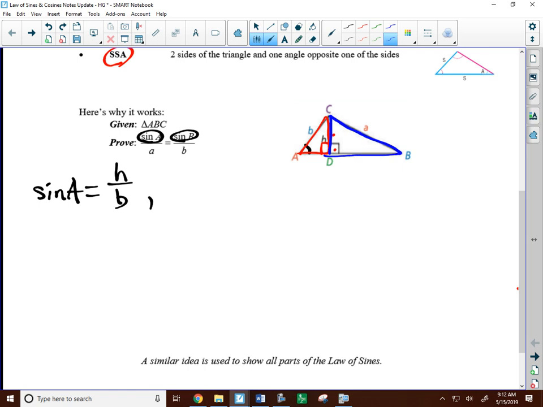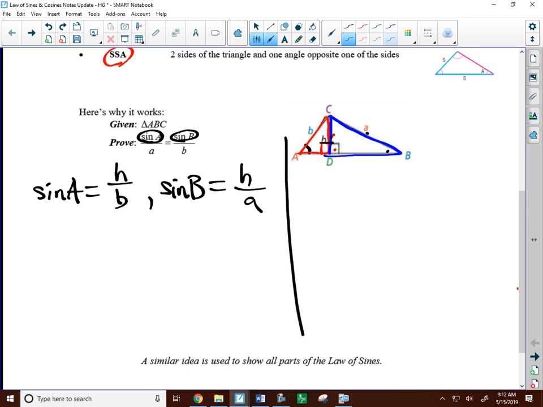Now, I need sine of B. Sine of B is in the right triangle, the blue triangle on the right. So sine of B is going to be opposite over hypotenuse for the blue triangle. Opposite is, again, h, over the hypotenuse this time, which is a.